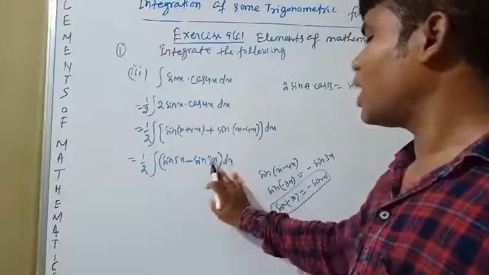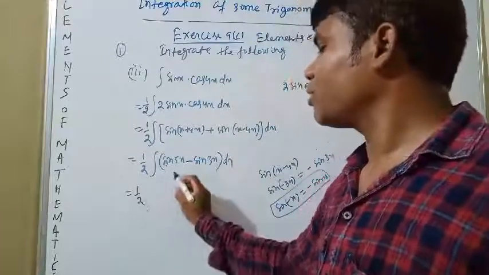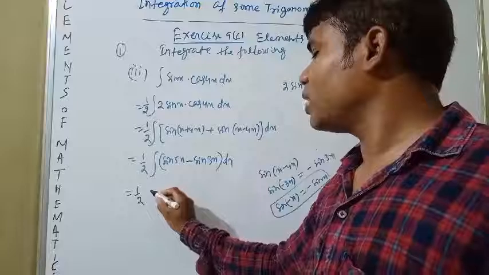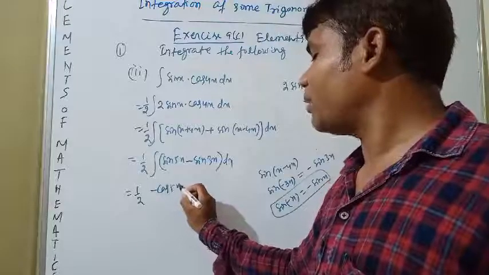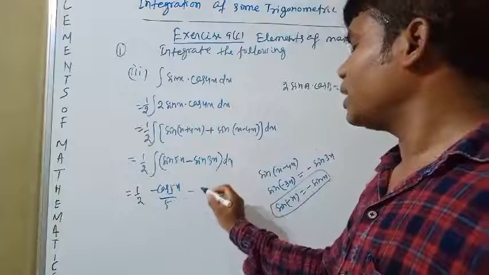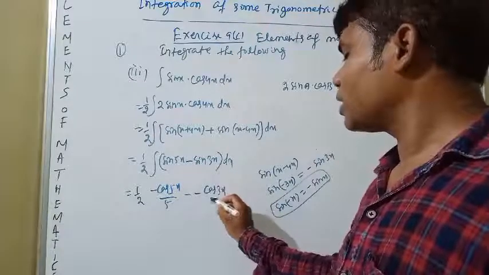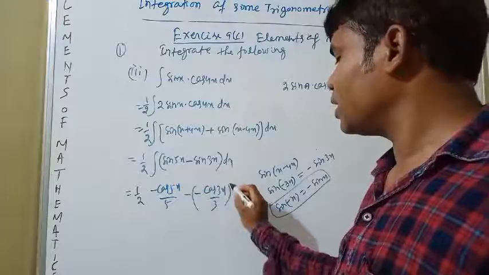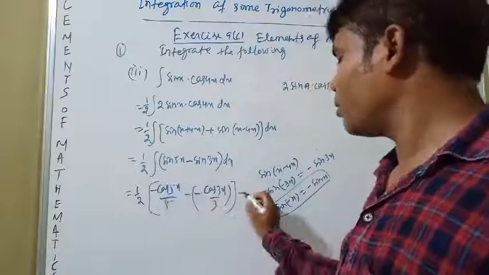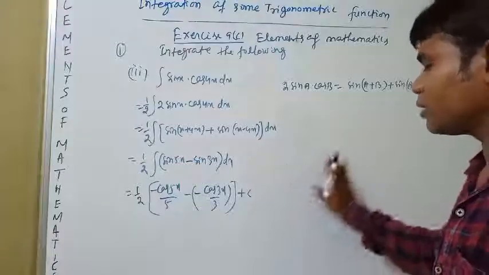Now you integrate. Half integration of sin 5x is minus cos 5x by 5, minus integration of sin 3x, which is minus cos 3x by 3, plus c. So how much do you get here?